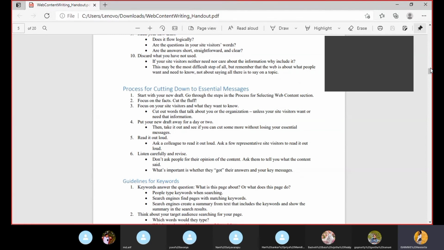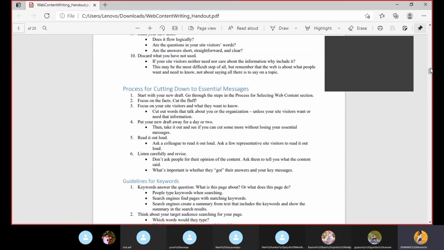And then the fourth step is about putting your new draft away for a day or two. After making the draft, you just put that draft aside and give it some time, so that the next time you take the draft, it will be easy for you to gain more ideas, or to put in new content, or to remove the irrelevant one.